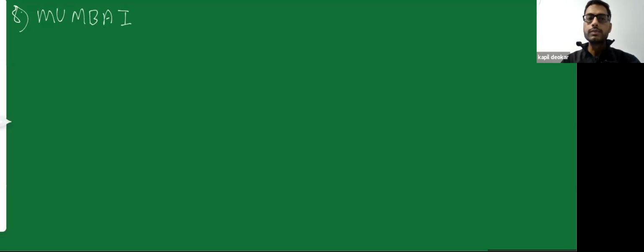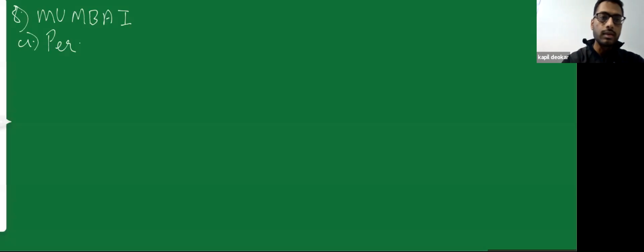Consider the word MUMBAI. This is question number 8 from the textbook. In this word MUMBAI, I have to find out in how many ways I can arrange the letters when no specific criteria is mentioned. So you have to find the permutation and no criteria is given.